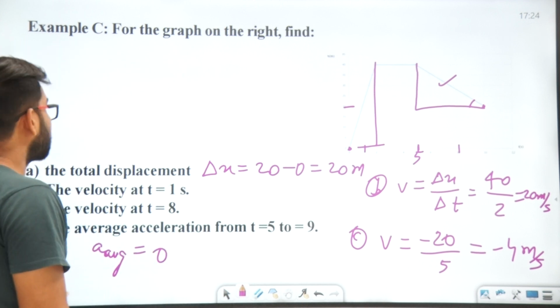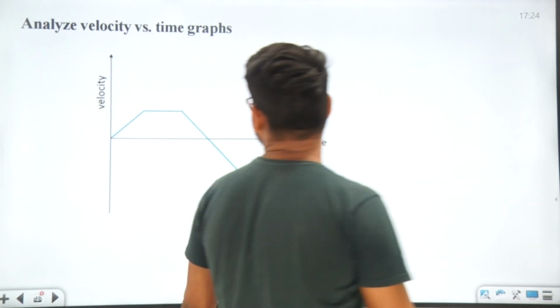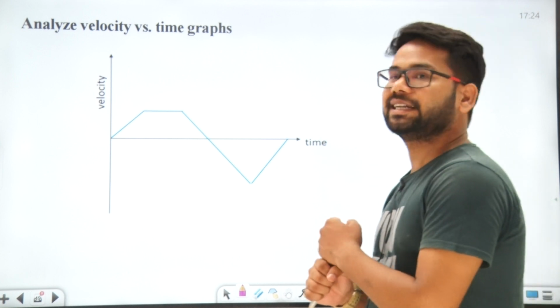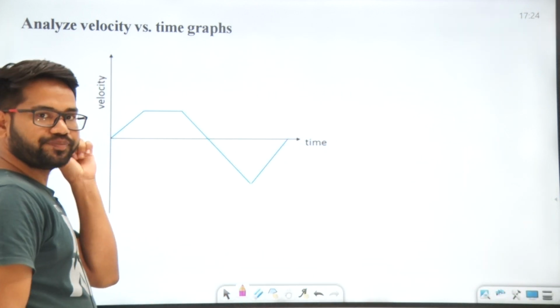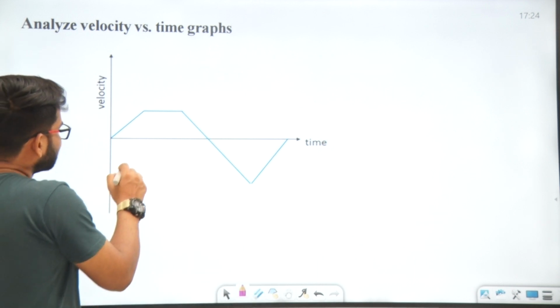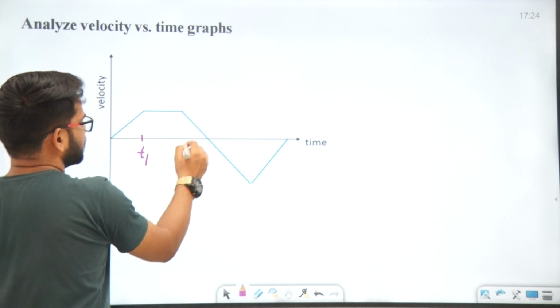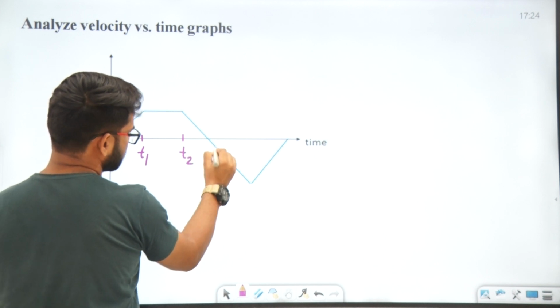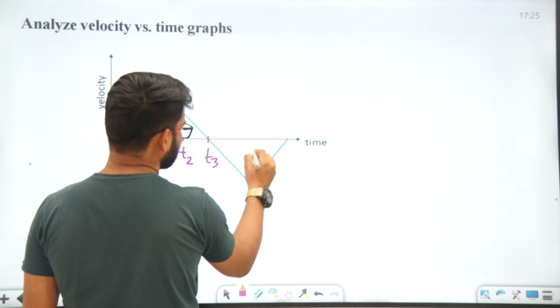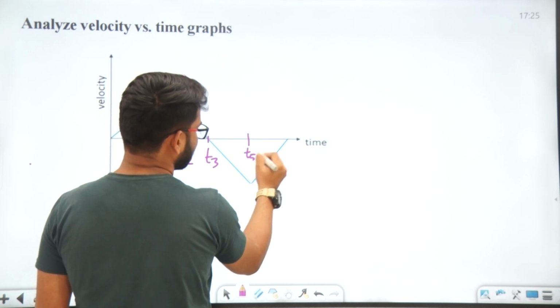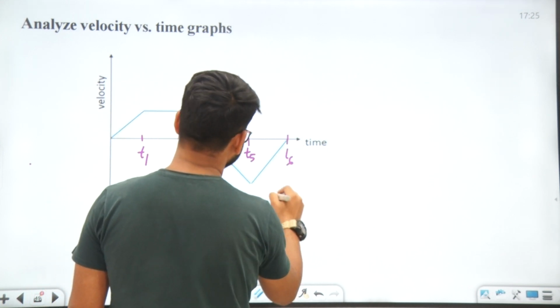Now let's come to another question. We have to analyze the velocity time graph for this situation. So students, see, if I say this is T1, this is T2, this is T3, this is T4, and this is T6.